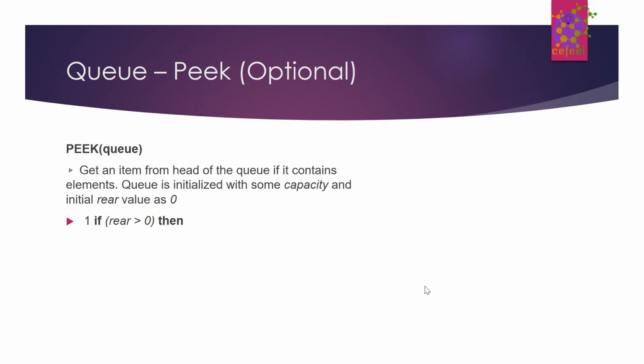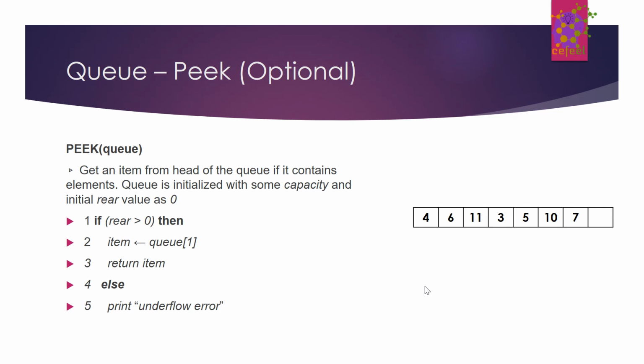So the pseudocode is pretty similar, but we don't need to adjust the rear pointer, and we don't need to move the elements to the left. We just check if rear is greater than 0, which means there are elements in the queue. We assign the element that is in q[1], and then we just return the item. There is no need for any further adjustments.